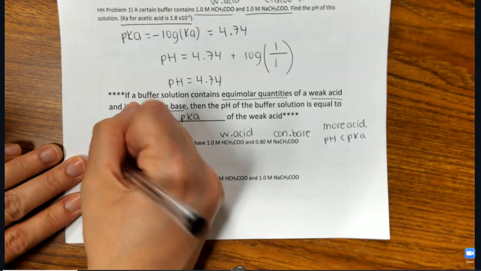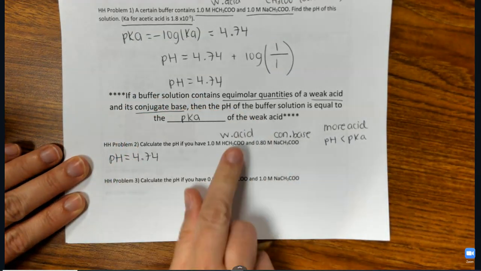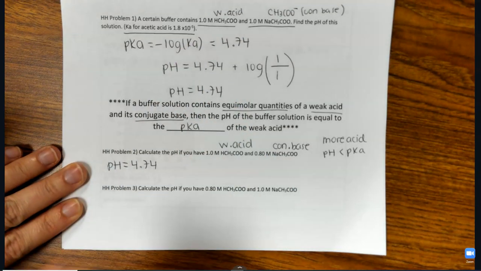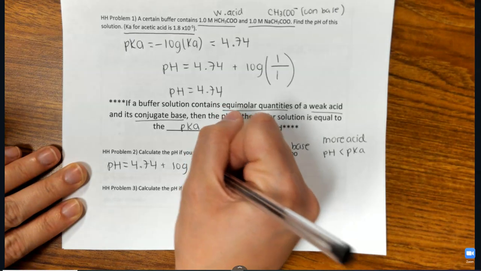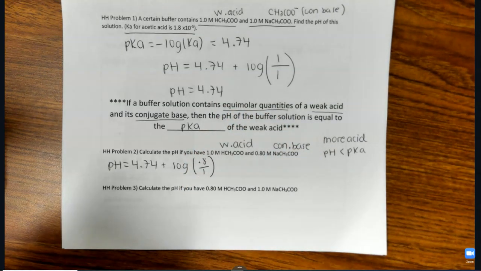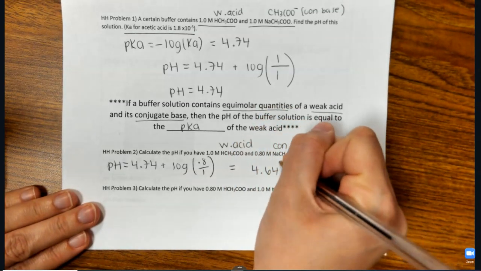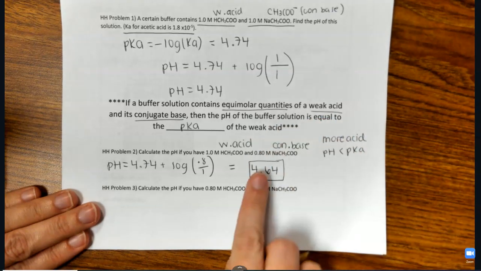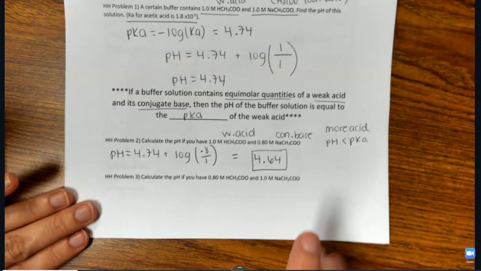So again, the equation is pH equals pKa, which was 4.74 because this is the same acid as that, plus the log of the conjugate base, so log of 0.8 over 1. And when you plug that in, 4.74 plus the log of 0.8, the pH equals 4.64, which matches what we had thought. More acid drops the pH.